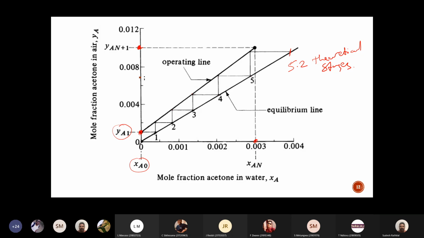If, for example, the efficiency of each stage is only 50%, then instead of 5.2 stages, I actually need 5.2 divided by 0.5, which will be 10.4 real stages.